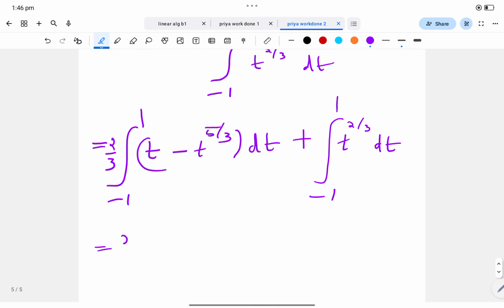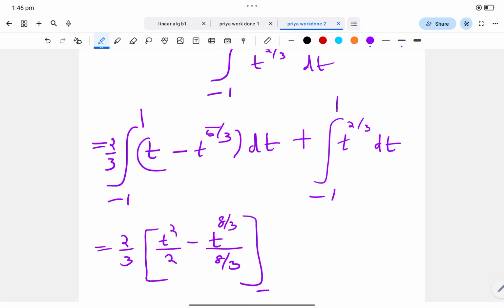So this is equal to 2/3 into the integral of t, which gives t²/2, minus t^(5/3), whose integral is t^(n+1)/(n+1), so t^(5/3 + 1) over 5/3 + 1, that is t^(8/3) over 8/3, between the limits −1 to 1, plus t^(2/3), whose integral is t^(5/3) over 5/3, between the limits −1 and 1.